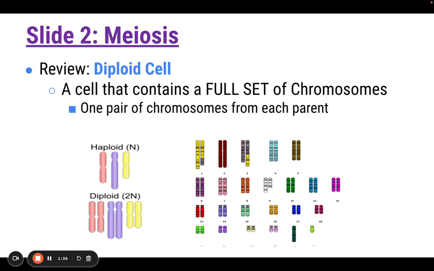You can kind of see that in the picture on the right, there are 46 different chromosomes. There's 2 for each pair. 1 comes from each parent. So during meiosis, what happens is in these diploid cells, the number of chromosomes gets halved. Each gamete that is produced will have just 1 chromosome from each set or each pair.